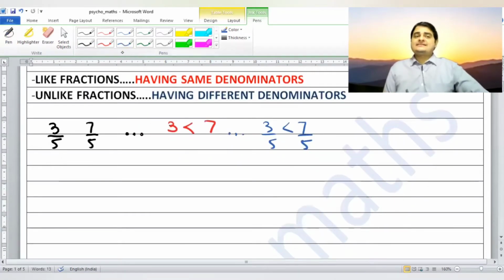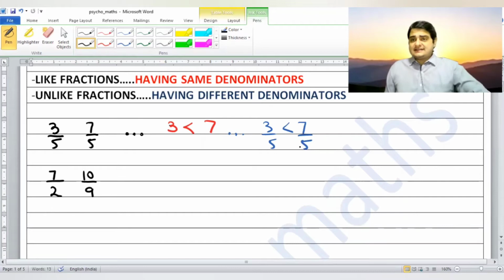Now, the second aspect, related to unlike fractions. As I said earlier, in unlike fractions the denominators are not the same, they are different. Let us take as an example 7 by 2 and 10 by 9.